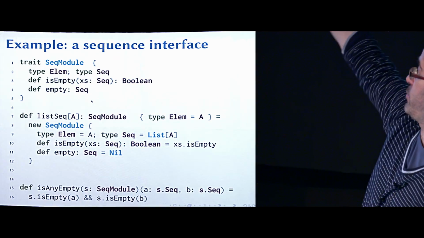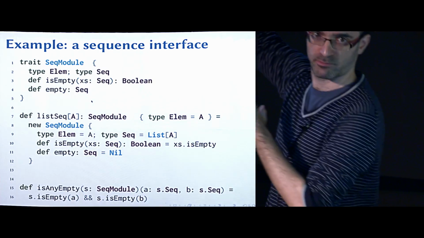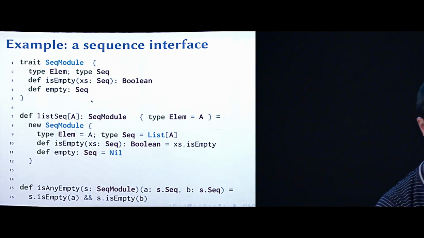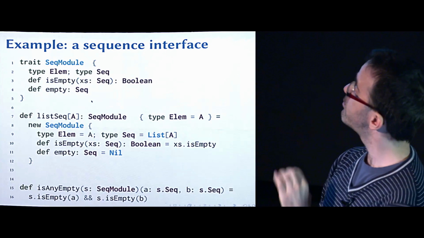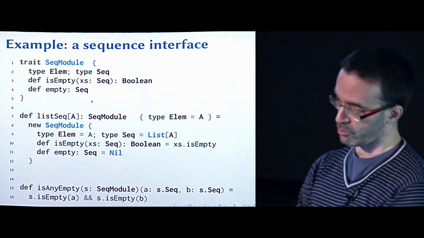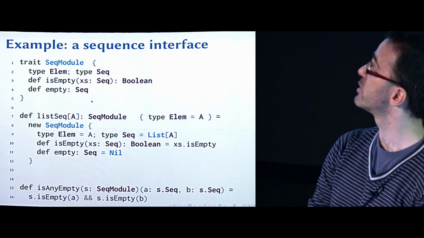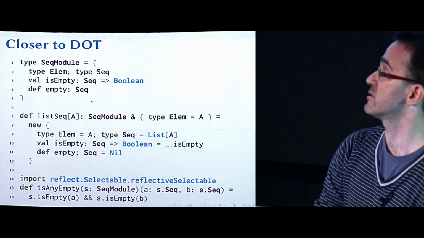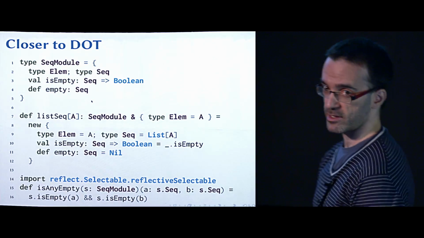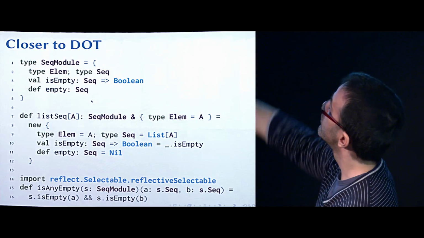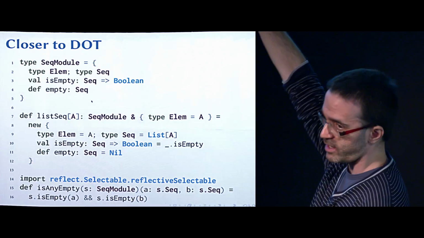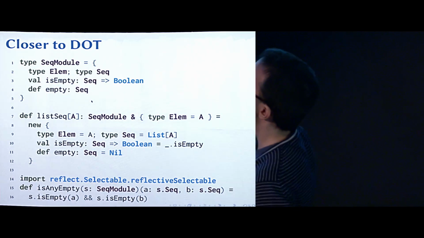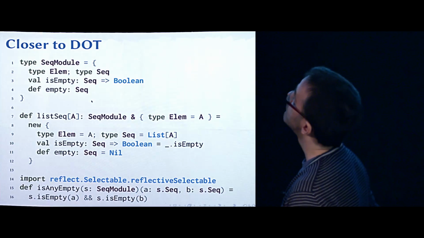So this example that I've shown is some Scala code, but it is not yet Dot. It's almost Dot. So let's go back to this code and show how it changes to bring it closer to Dot itself. We don't have traits, as I said. So what we have are structural types. So instead of defining SigModule as a trait, we define it as a type which is equal to this body.